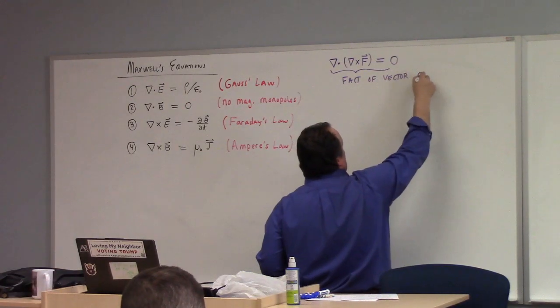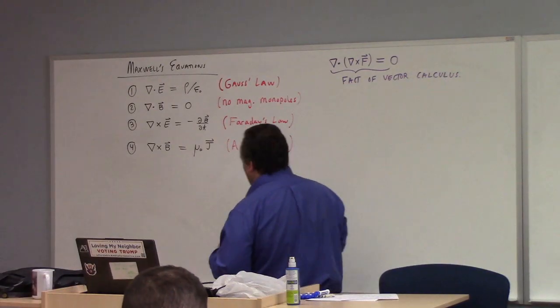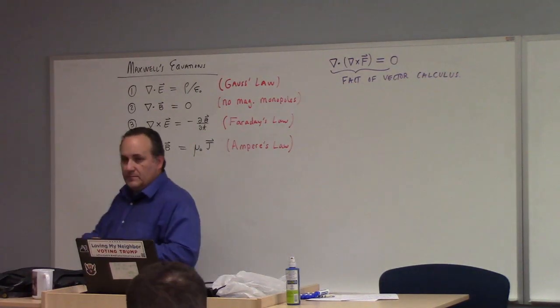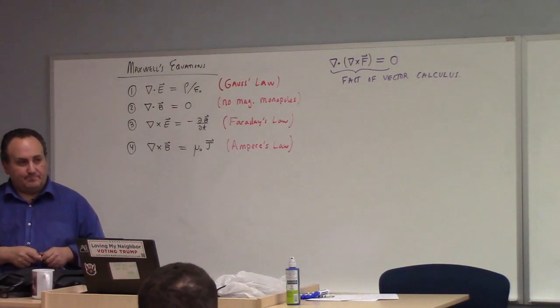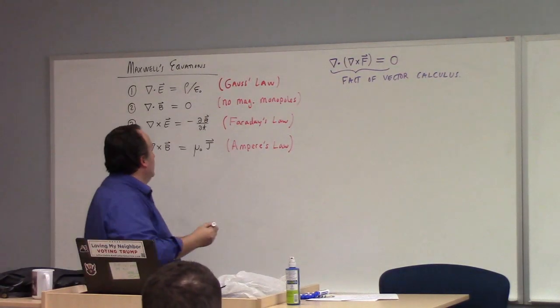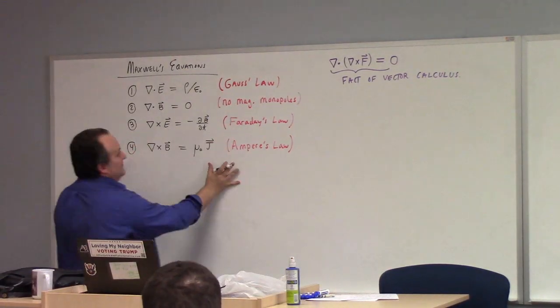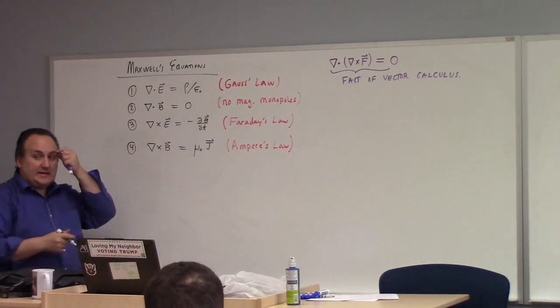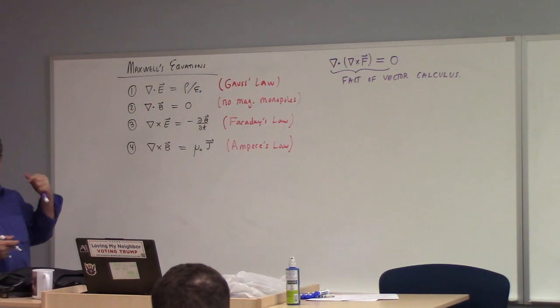So we have no choice but to live according to that law. And so the question then is, are Maxwell's equations consistent with that identity? And the answer is partly.